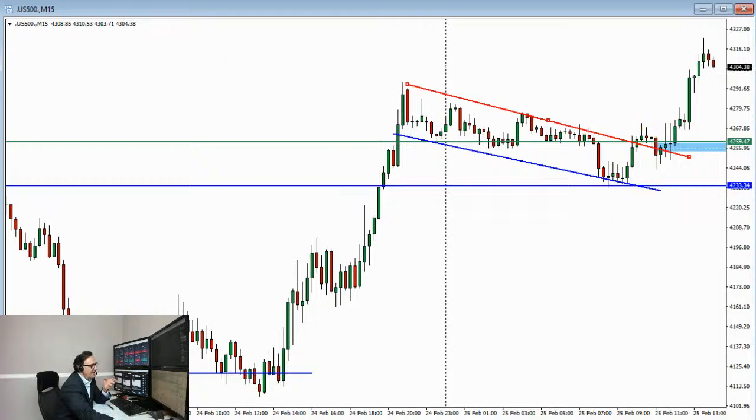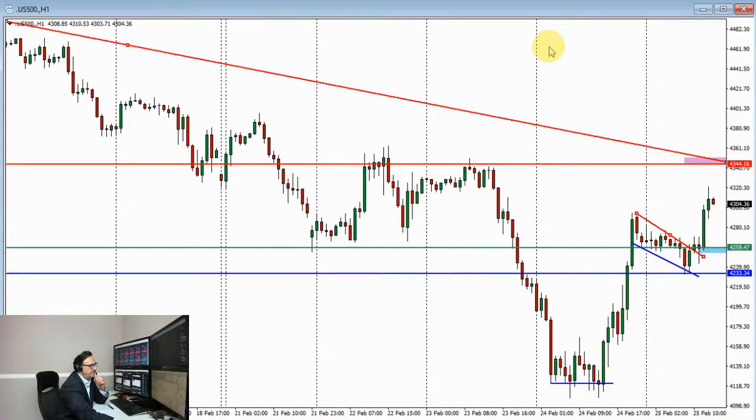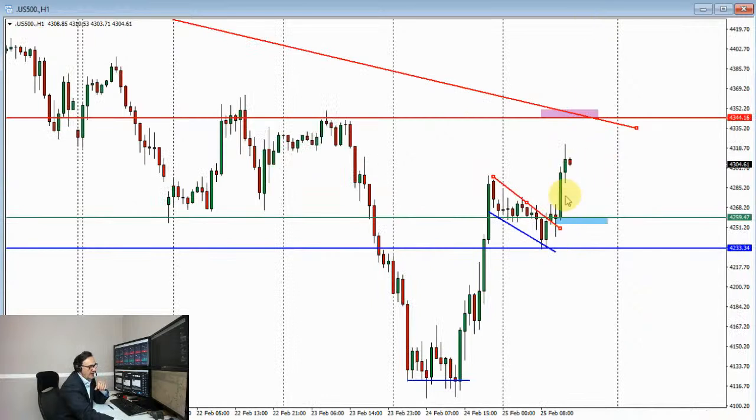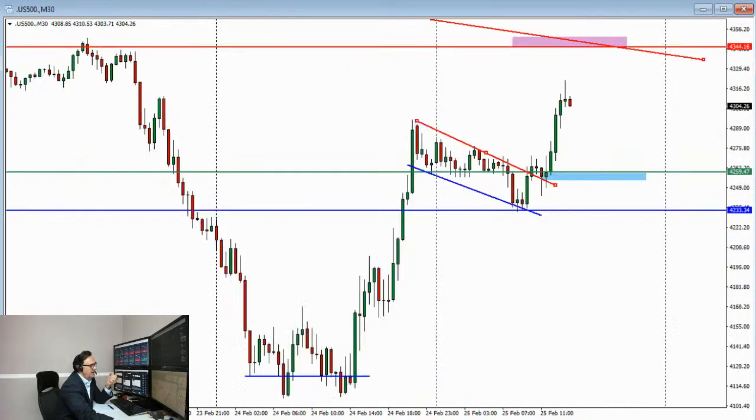This is quite encouraging for people who were looking for an extension to the upside, because this becomes another tradable pattern: a breakout and a retest.